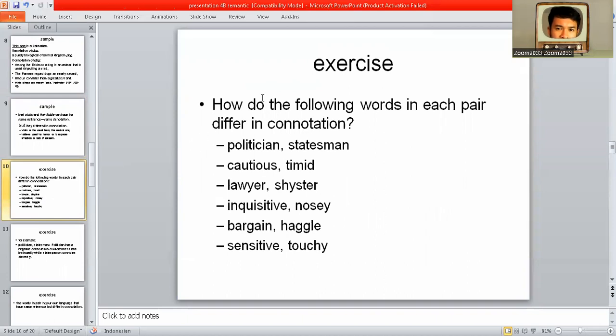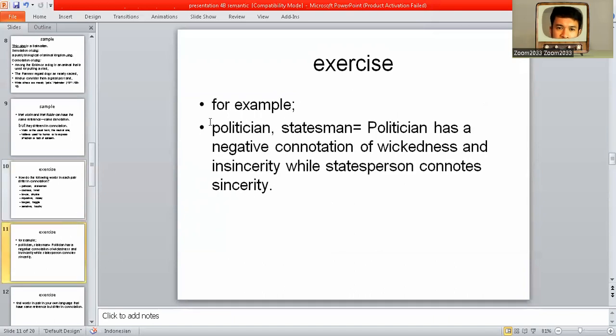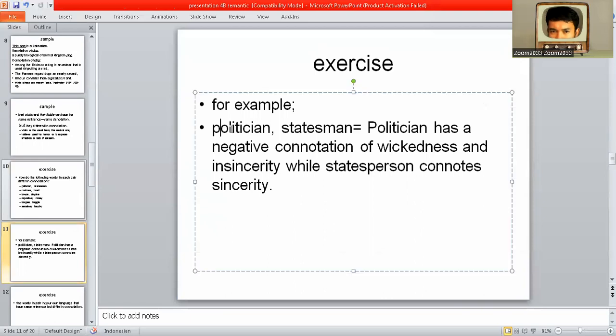I think this is an exercise to try some brainstorming. How do the following words differ in connotation? Such as notation, statement, obvious, timid, lawyer, and so on. For instance, we have politician and statesman.